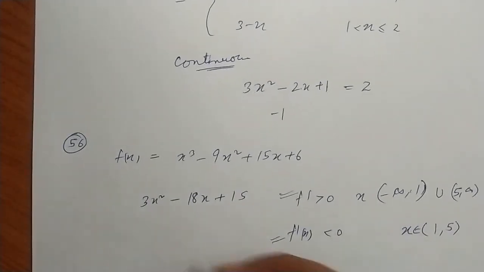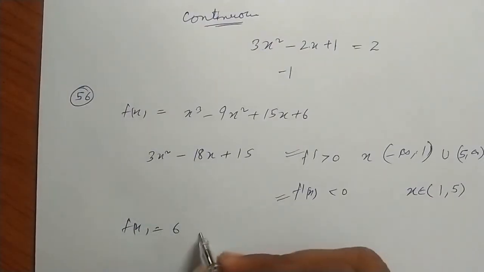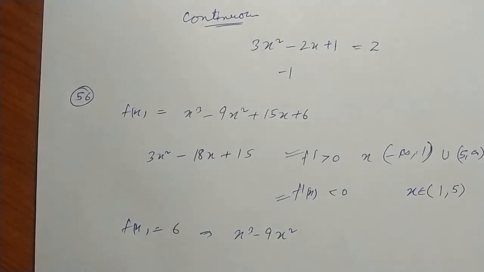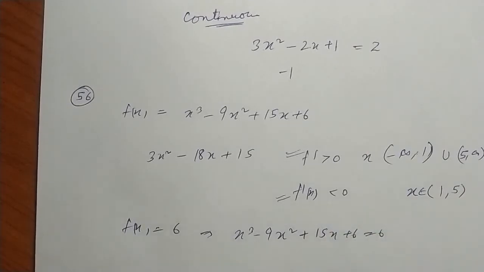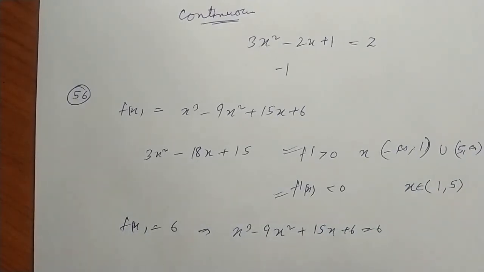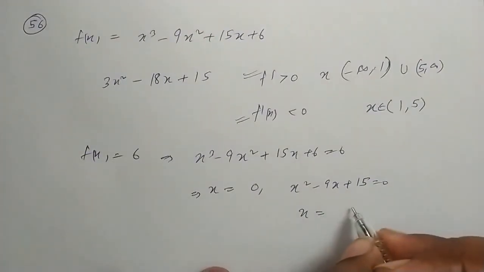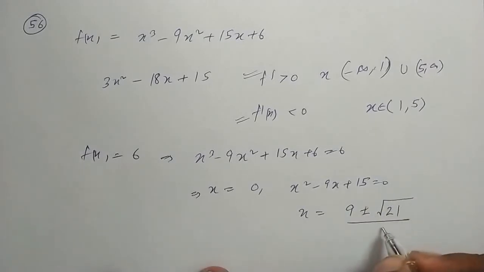So now calculate f(x) is equal to 6. This implies x cube minus 9x square plus 15x plus 6 is equal to 6. This implies x is equal to 0, comma, x square minus 9x plus 15 is equal to 0. From here we can calculate x is equal to 9 plus minus root of 21 upon 2.